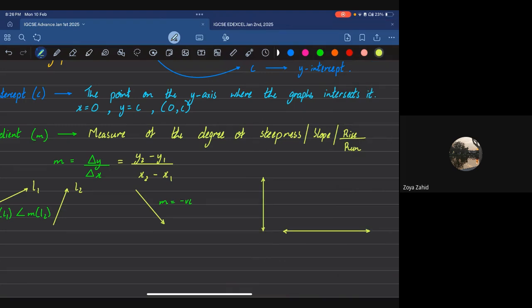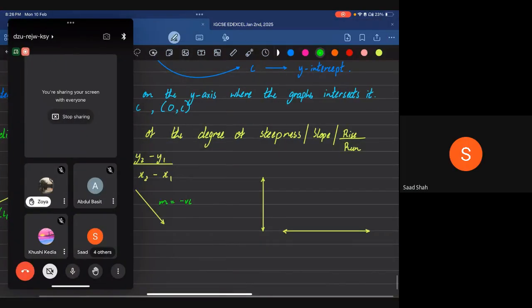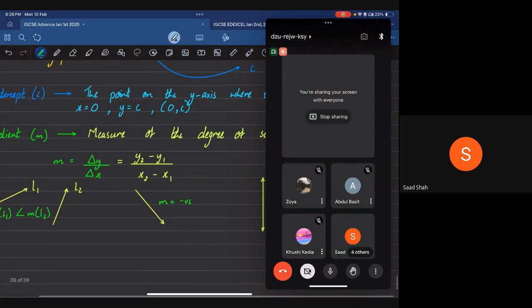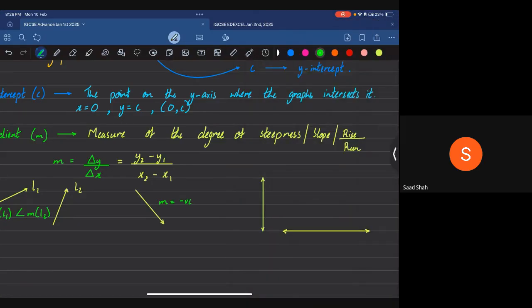Yes, Saad. Can you tell us? It will be 0. For both of them. Okay, Saad is saying it's going to be 0 for both of them. Who agrees with Saad? Raise your hand.